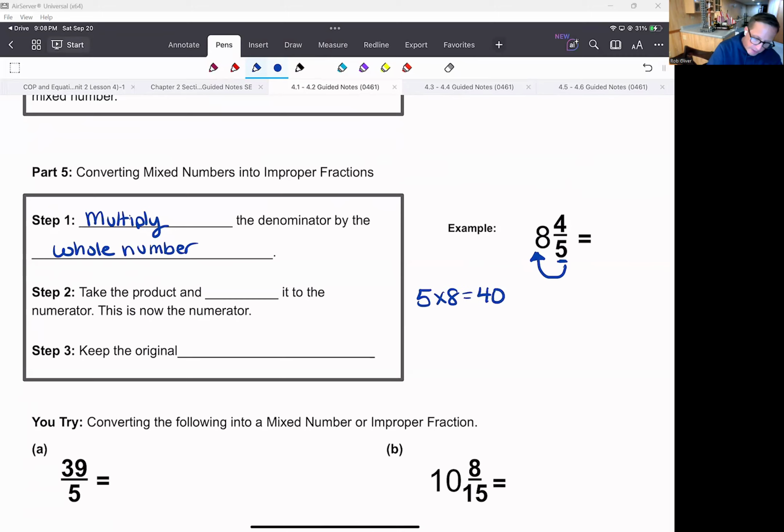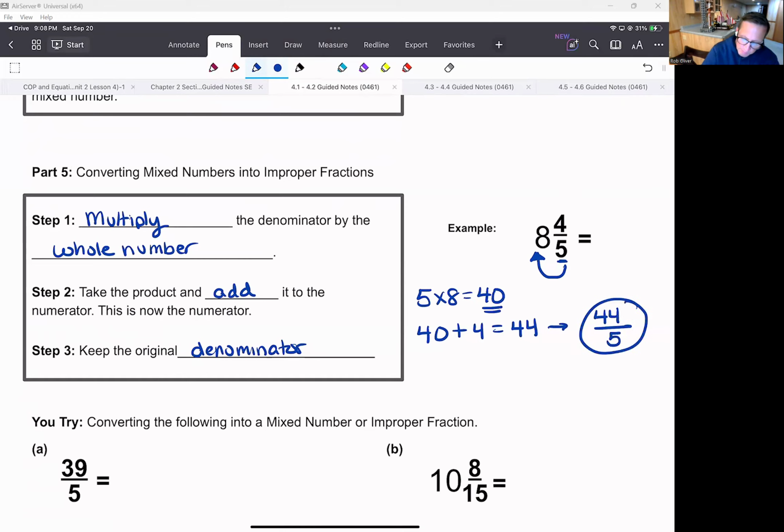All right, take the product, that number we just got, 40, and add it to the numerator. So now we're going to do 40 plus 4. That is 44. And then keep the original denominator. So this becomes 44 fifths. That's it.